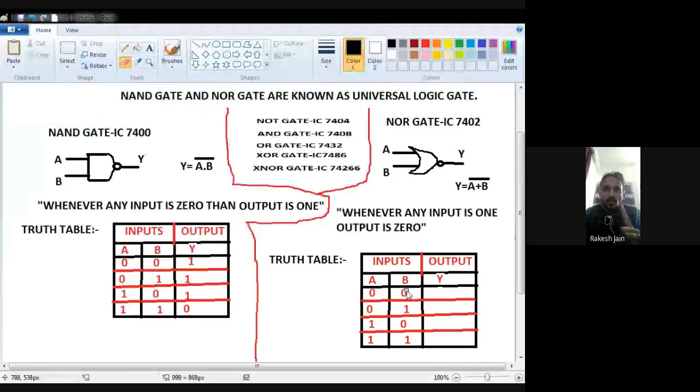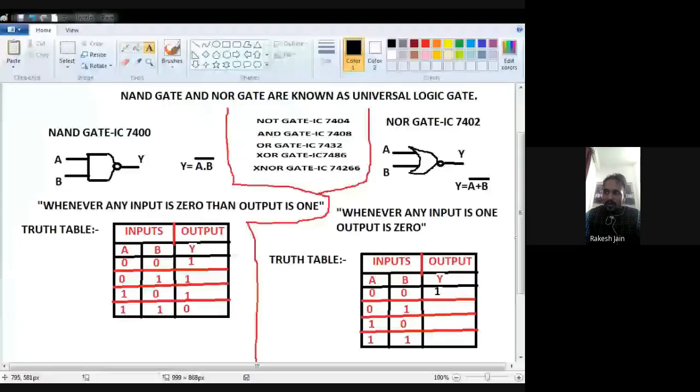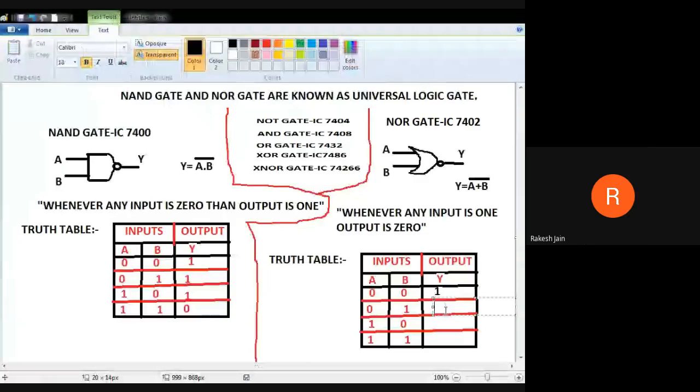But what is the truth table now? From the definition of the NOR gate, any input is 1, output is 0. See, first both are 0 0, it means there is no 1. Whenever you see any 1, then write down 0, otherwise 1.